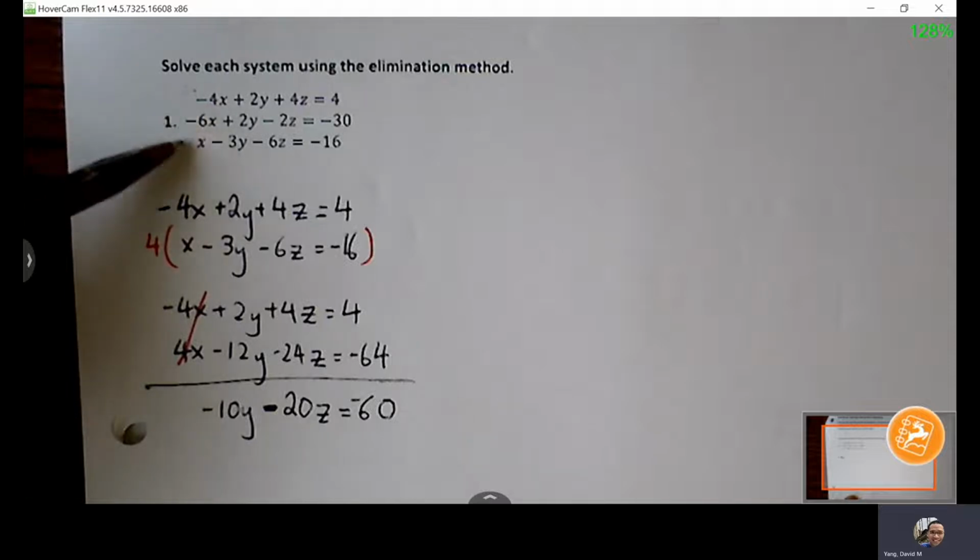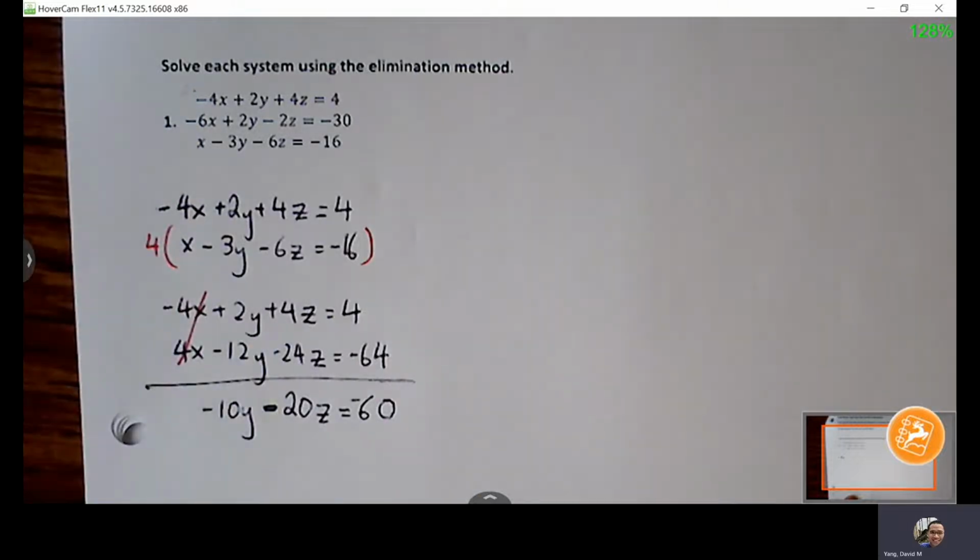So, I mean, we could pick the first and second one, but then the 6 and 4 will require us to change both of them, right? So I'm going to target this negative 6 and the second and third one. It's faster and quicker to get these two to line up.